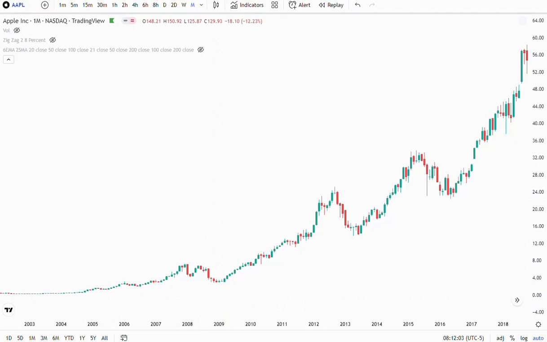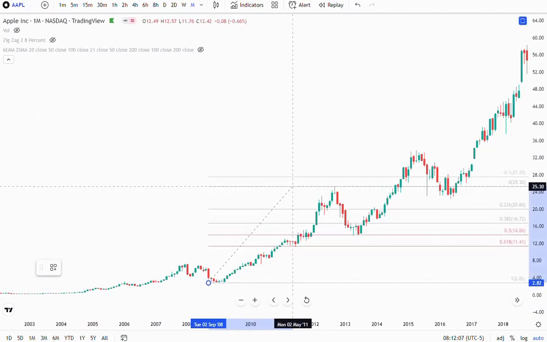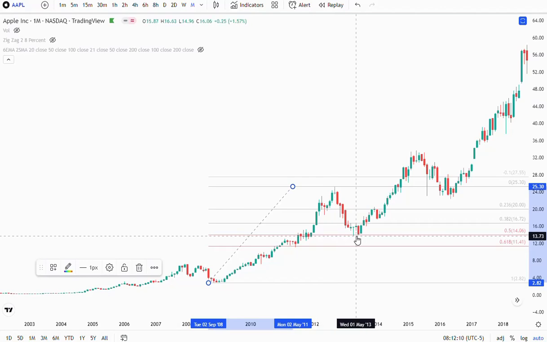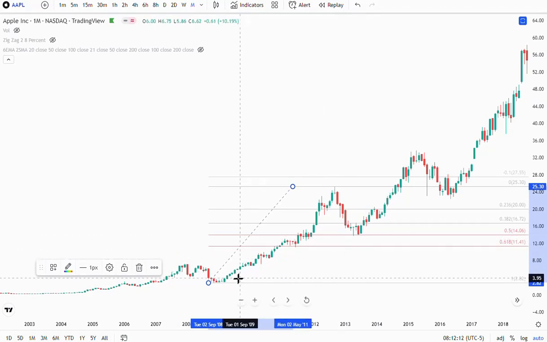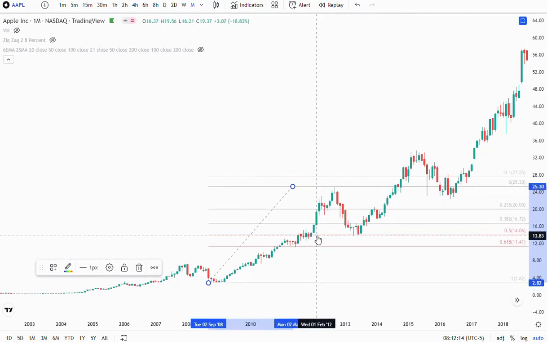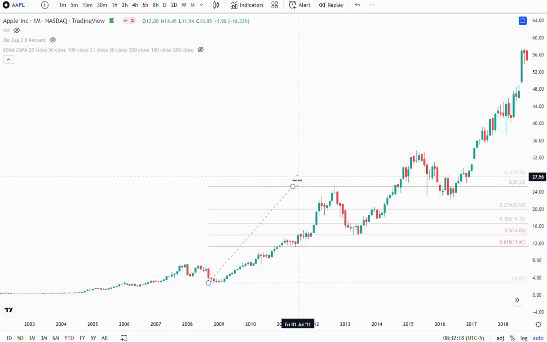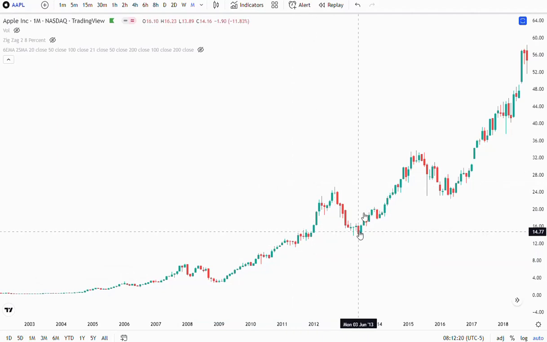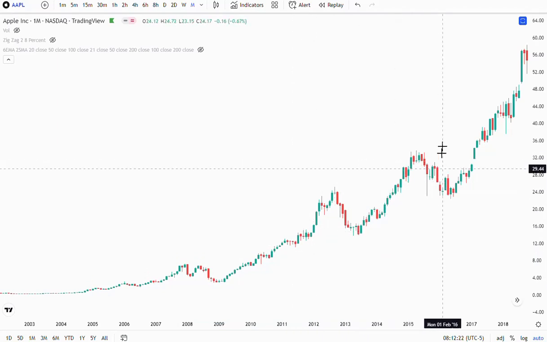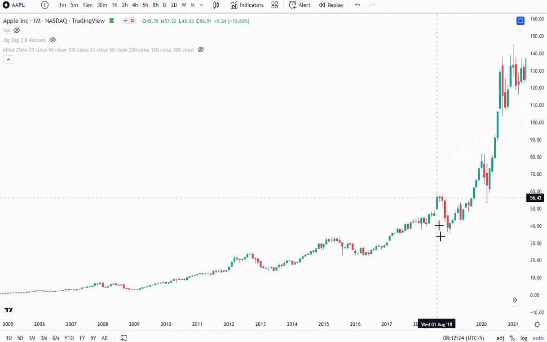If I do another fib right here, from here to here, you can see that this retraced 50% of this move. So over the last three corrections, this one was a 50% retracement, this one was a 50% retracement, and this one was a 61.8 retracement of the move.